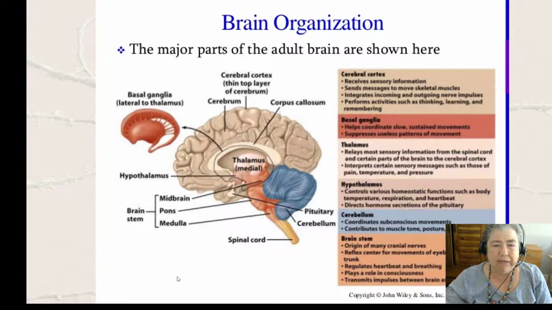There are cell bodies which relay messages at the cell body at a synapse to neurons, which have axons which communicate with neurons in the cerebral cortex.